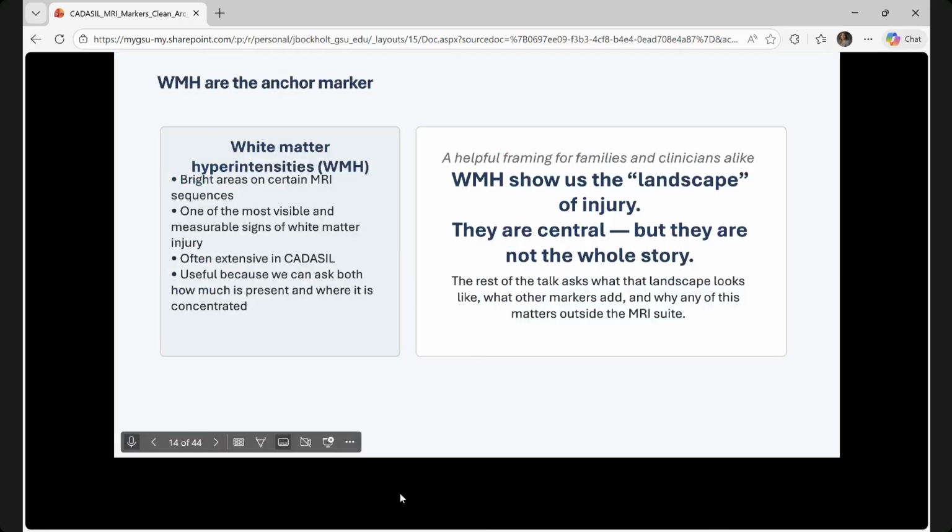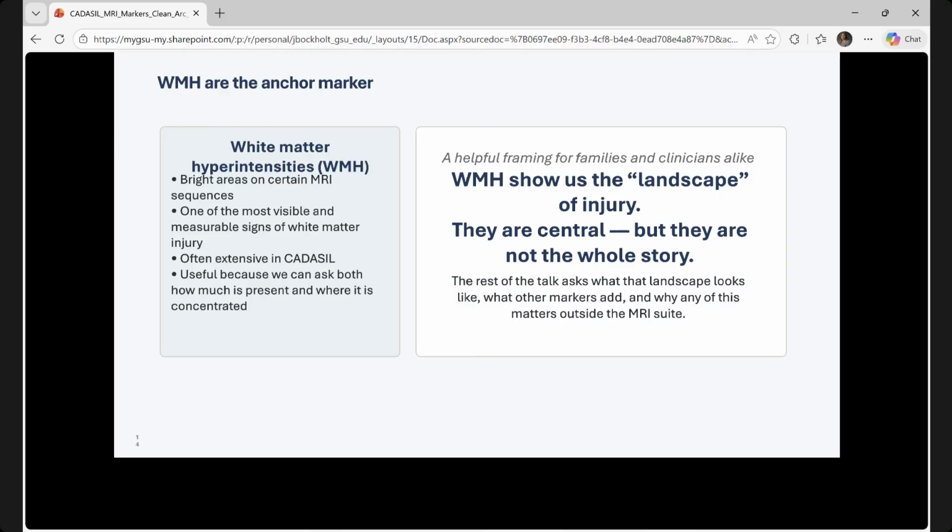As we've stated, the lesions themselves are the anchor, but they're not the whole story.